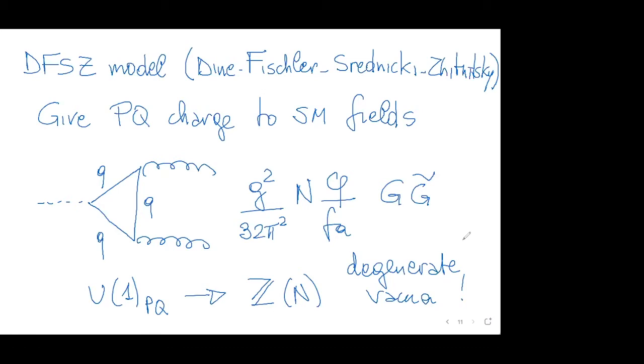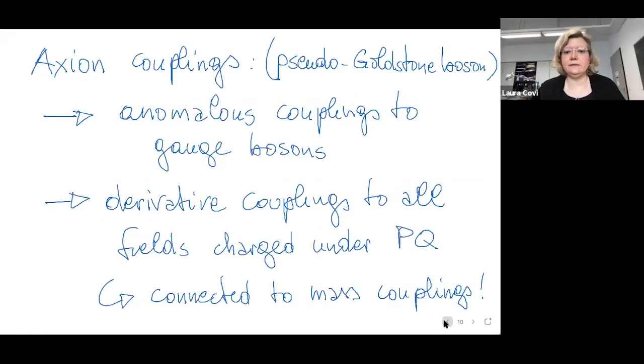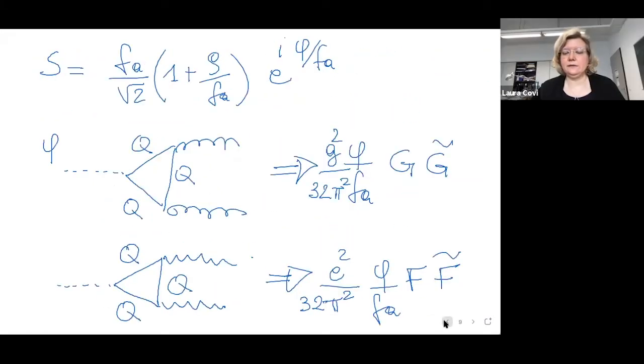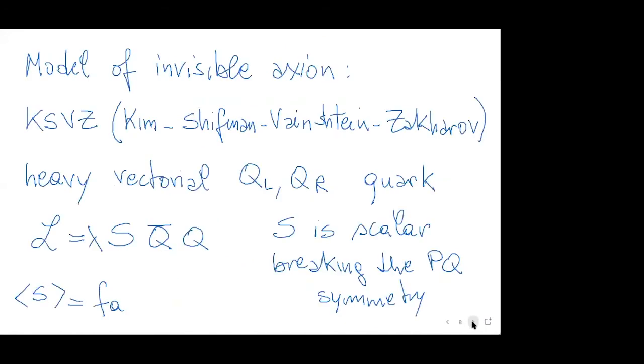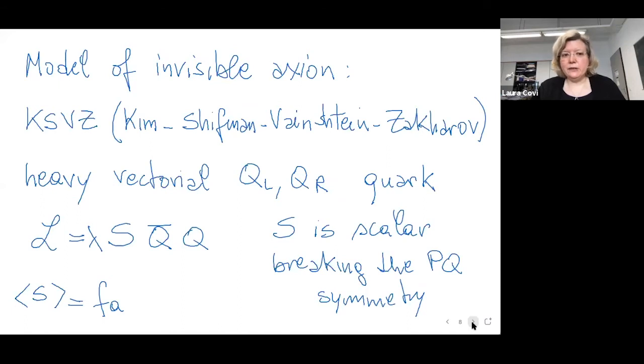Can I ask a question about the KSVZ model? Yes, I can go back. Essentially, we are saying that S is the scalar field that breaks Peccei-Quinn symmetry. So there is a potential in this model given for the S field. Well, in the original models, people were not really discussing a lot about the potential.